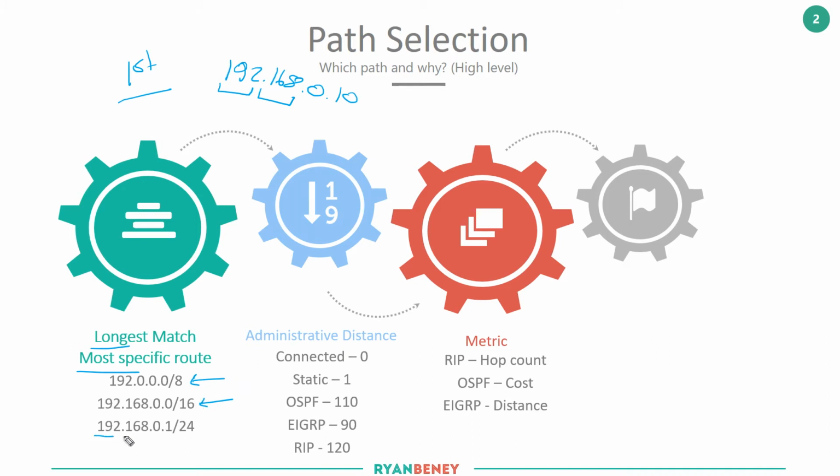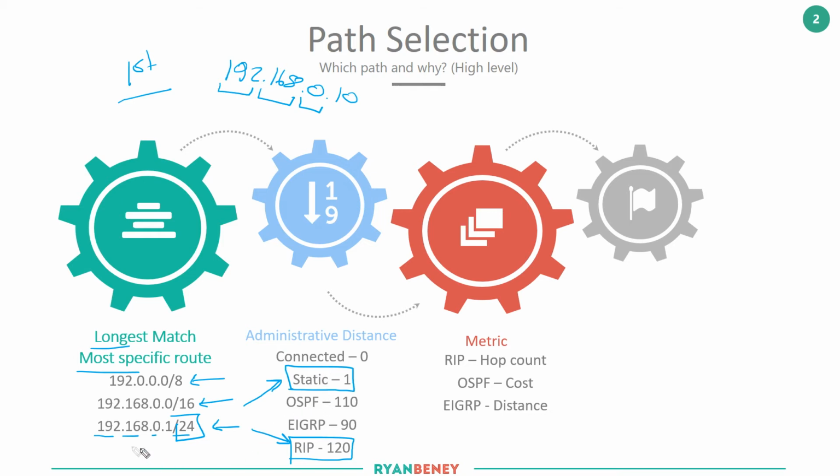And then the 192.168.0.0/24 matches on 24 bits. Because 24 is longer than the other 2 matches, this one is preferred, regardless of how we learn it. If we learn that /24 from 2 different locations, then we prefer the one with the lowest admin distance. So we'd prefer a static route if it was the /24 versus this RIP route if it was the /24.